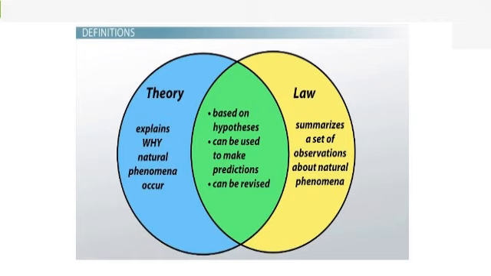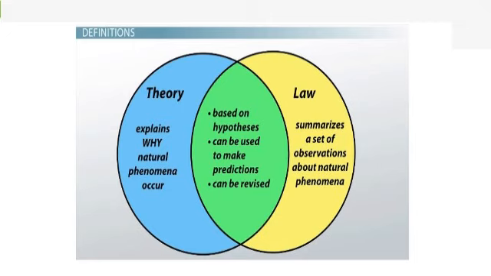Now the conclusion of the biological method would be in the form of a theory or law. When a hypothesis is tested often and never rejected, it is called a theory. Or you can say a theory is supported by a great deal of evidence.